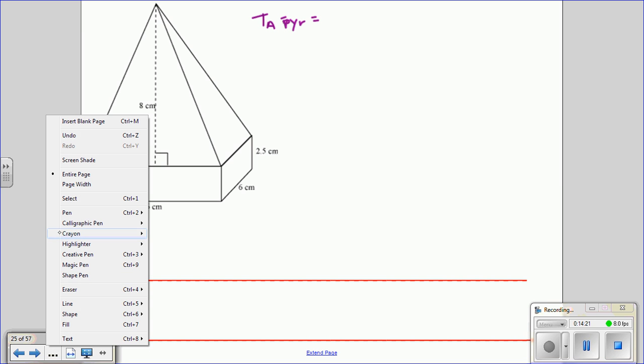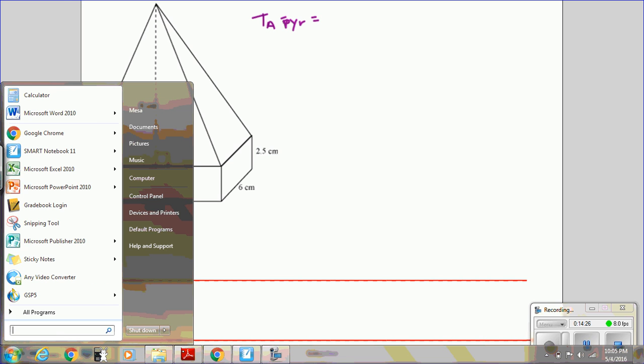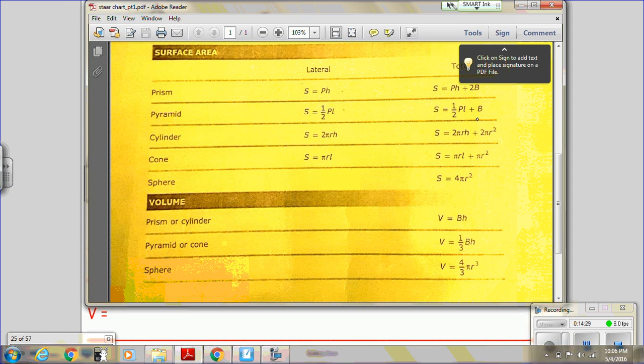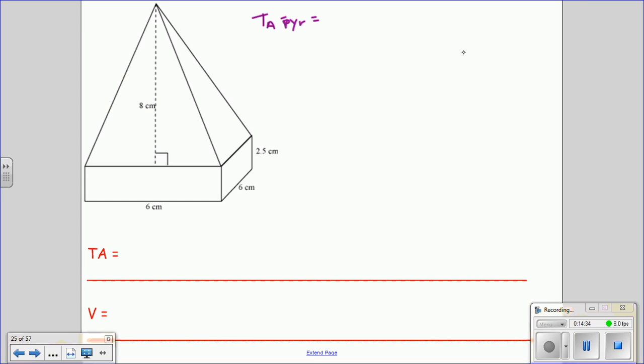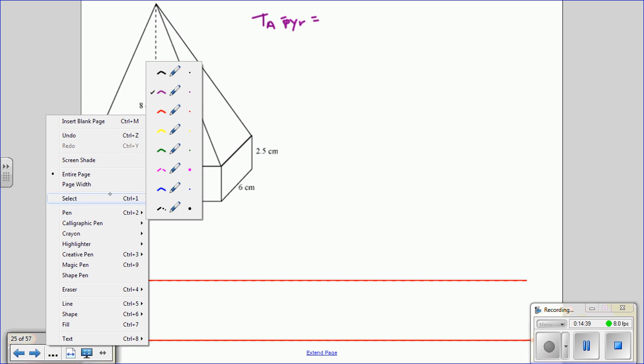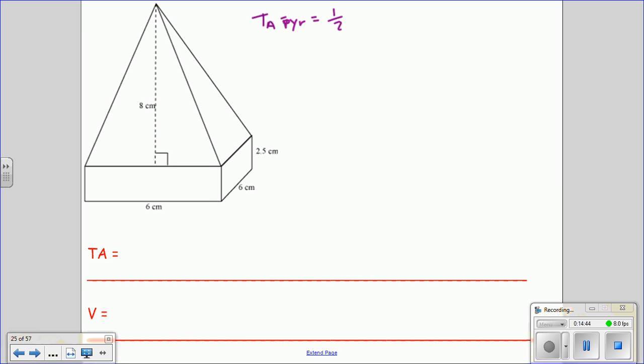And if you don't recall the formula for that, for a pyramid, it's 1/2 PL plus B. But if you notice, the base is not exposed.